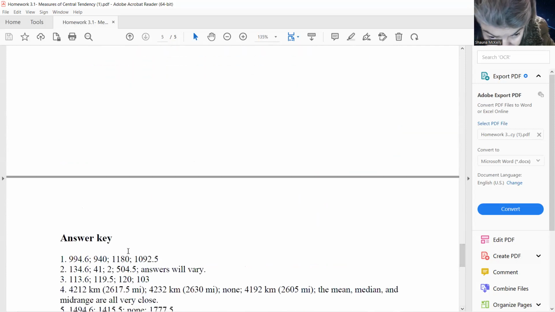You see that the mean is 994.6. Okay. Now we're going to do the median, the mode, and the mid-range. So now we're going to go back to our calculator here.